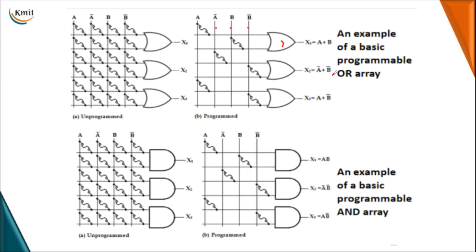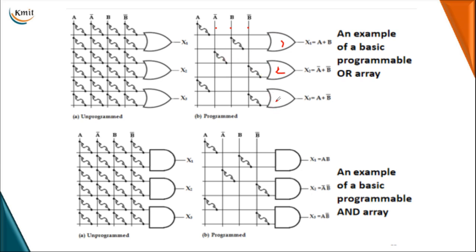Next, the second term is B bar, so we keep only the B bar fuse connected to the input line, and the remaining three inputs, A bar, A and B, are blown. After programming, the second OR gate will give you the output. The first input A bar is connected, the second input B bar is connected, so using an OR gate we are taking the summation of A bar and B bar.